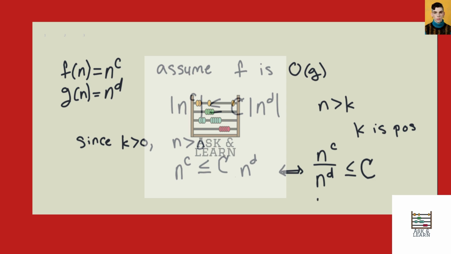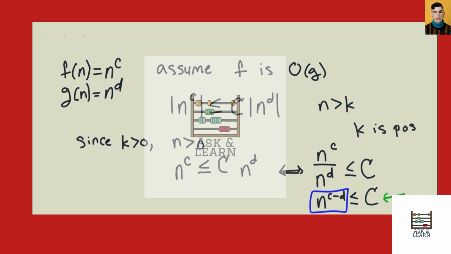Okay, and since C is greater than D, C minus D is positive, which is what that is going to end up being. Right, so this is a positive number. That means it's unbounded. It's an unbounded positive number. So how can an unbounded positive number be bounded by some constant?